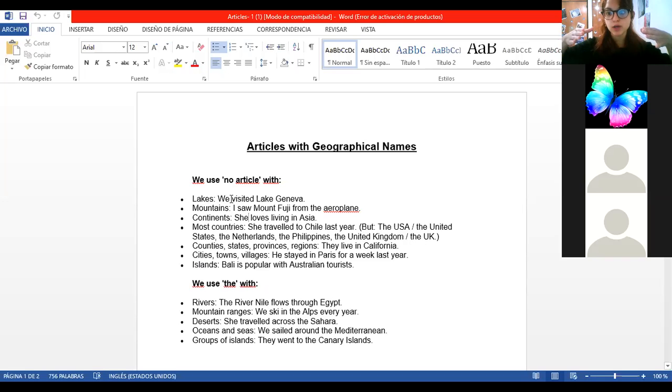Do you know what body of water is? A quantity of water that we use with no articles. All the rest, we have rivers, oceans, seas, islands, we use with the. Lakes are the only ones that we use without an article. Individual mountains and individual islands are used with no article.